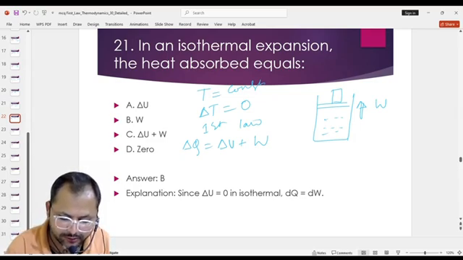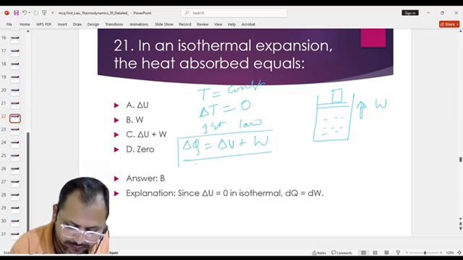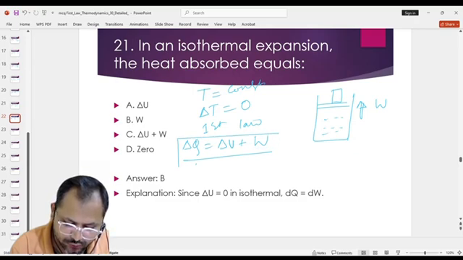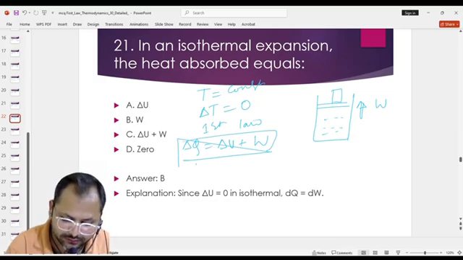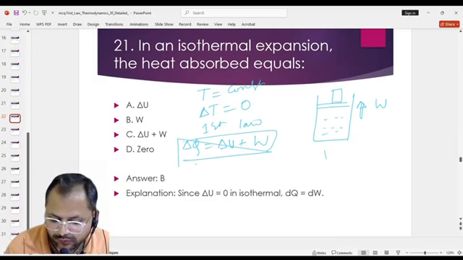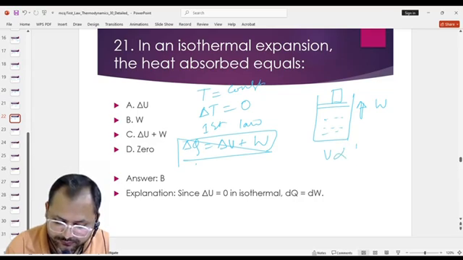So sorry, in this case, change in temperature equals zero. Internal energy is directly proportional to temperature.